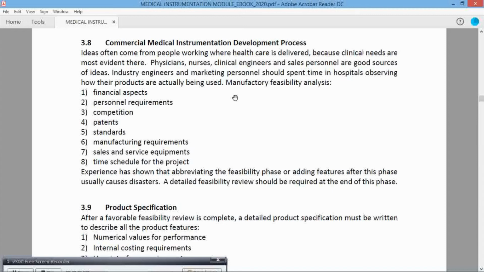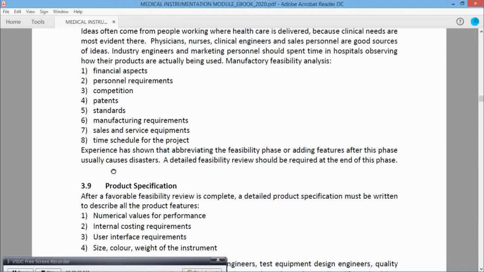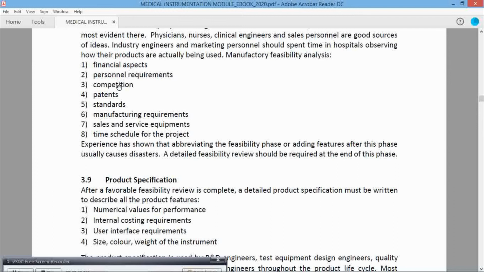And then manufacturing feasibility analysis, here they listed eight of them. Financial aspect, personnel requirements, competition, patents, standards, manufacturing requirements, sales and service equipment, time schedule for the project. So let's take one or two examples. Patents, let's say patents.